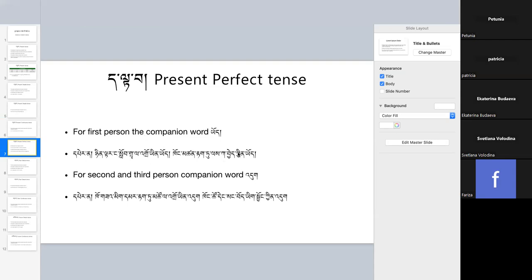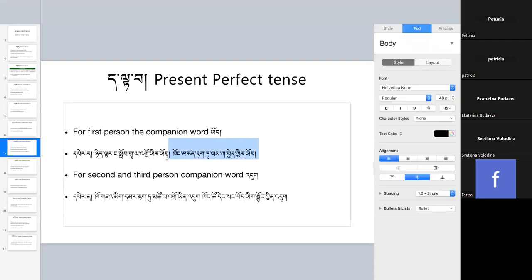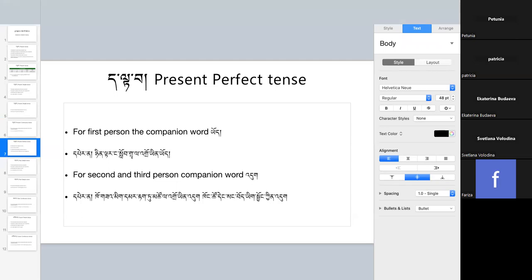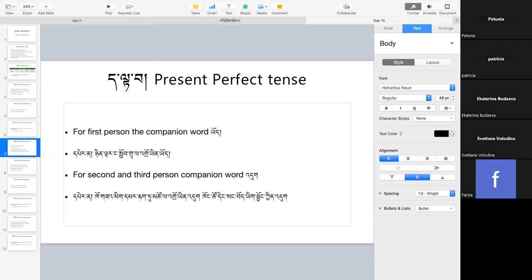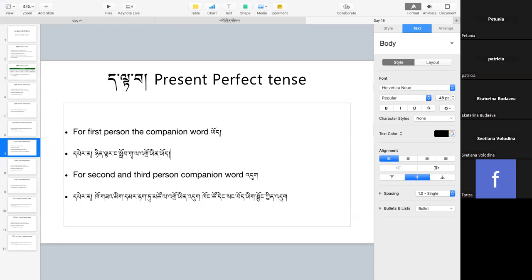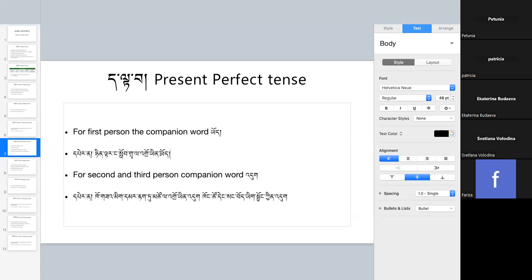So, Nyintar nga lobtra la drawing yu. So we see that when we're using it with the first person, we're using the companion word yu. But with that, the companion word here we see is yin.